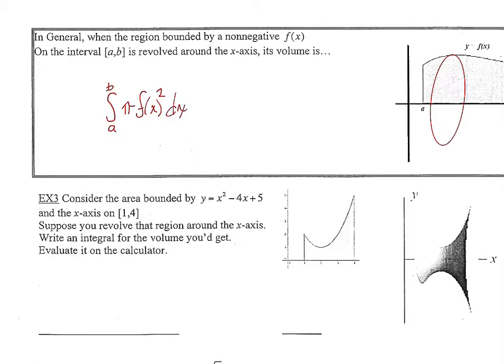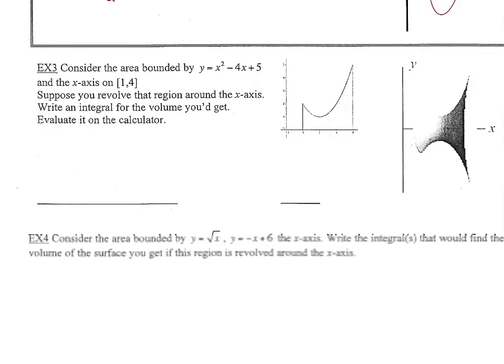So that's our general formula. Or, since pi is a constant, we can write the pi on the outside of the integral symbol, and we get pi times the integral from a to b of f of x squared dx.